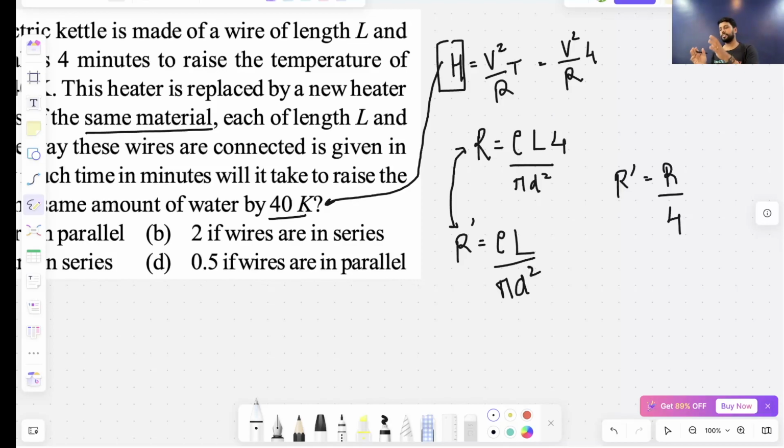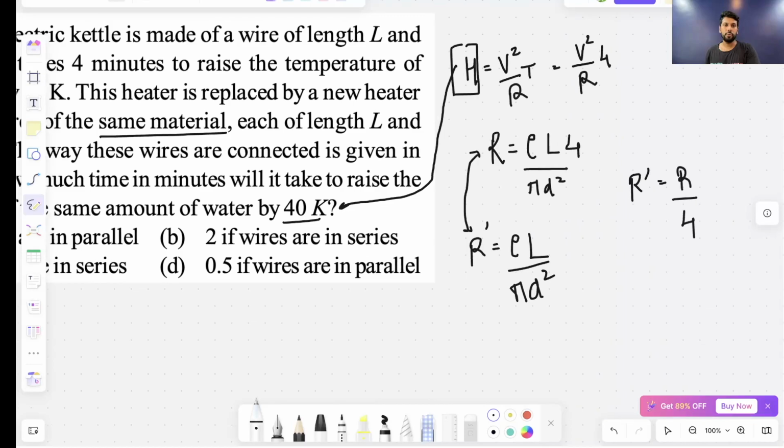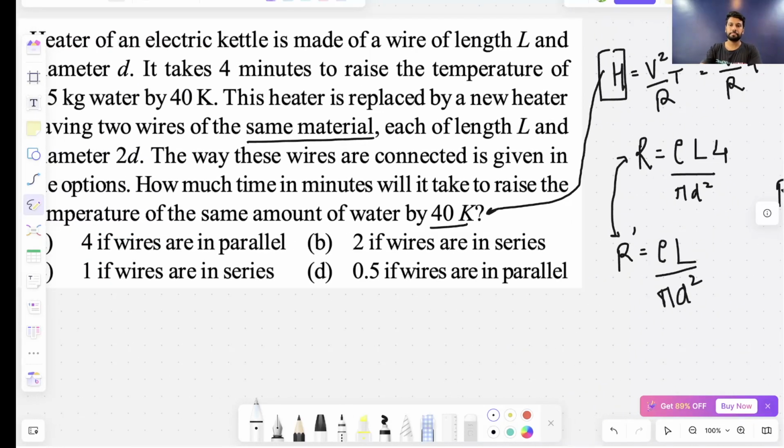I know the relationship between the old resistance and the new resistance. The new resistance is R dash, the resistance of the wire which is being used in the new heater.